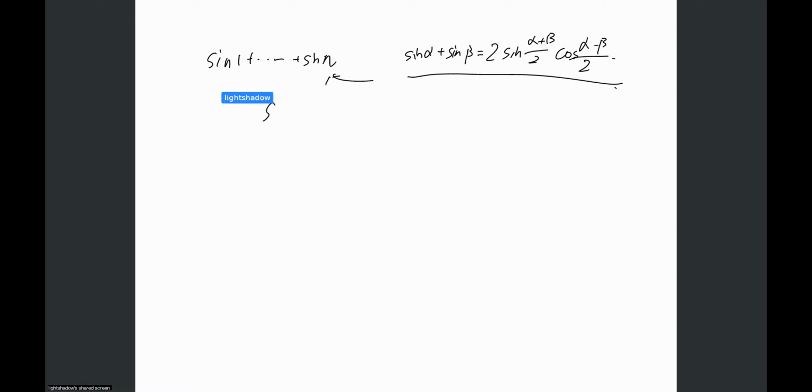So like sine 1 plus sine 2 is equal to two sine, something like cosine over two, something like this.